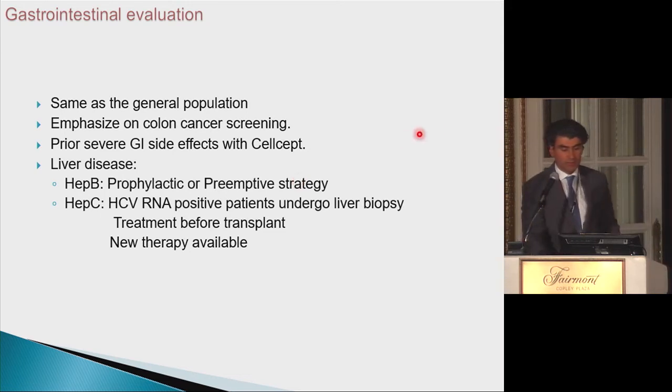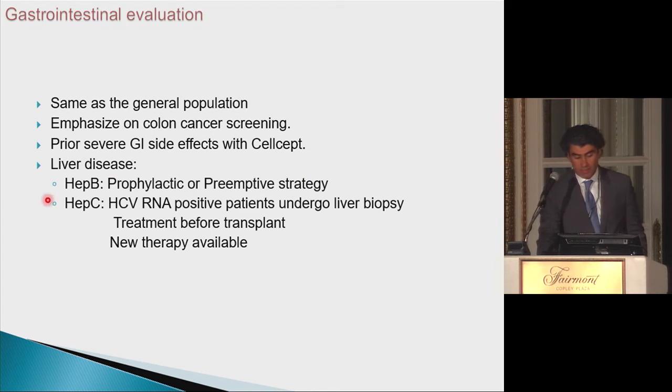From a GI perspective, I think, again, the same as the general population, with a specific emphasis on Hep B and Hep C. But because now we have such effective therapies for both, I don't think that those are any more a major problem. For Hep B patients, we either adopt a prophylactic approach or a preemptive approach.